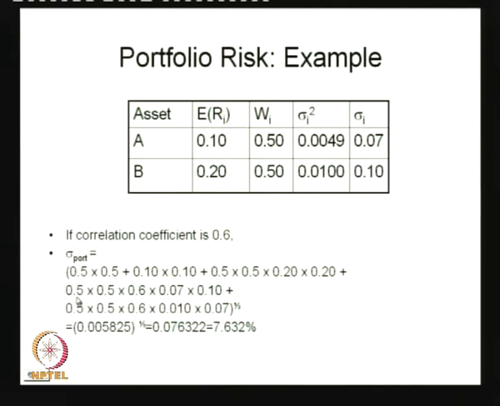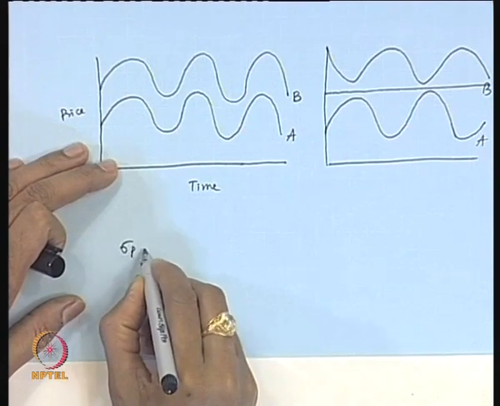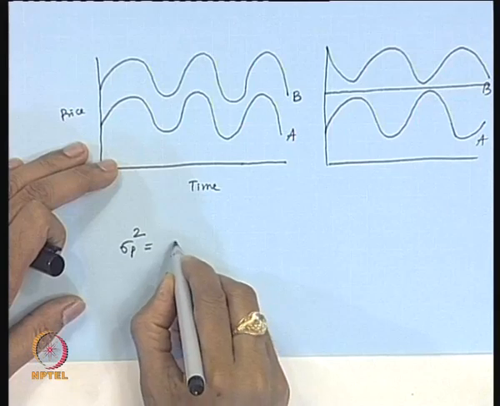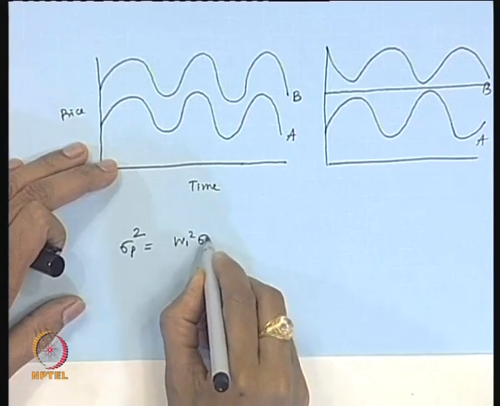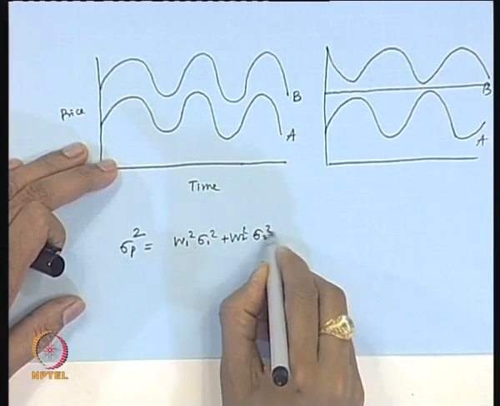Then this is the relation between asset A and asset B, and this is the relation between asset B and asset A. So, in a two asset portfolio context, the third component and the fourth component of this equation are one and the same. So, in equation format, the portfolio variance in a two asset portfolio is W1 square standard deviation 1 square plus W2 square into standard deviation 2 square.